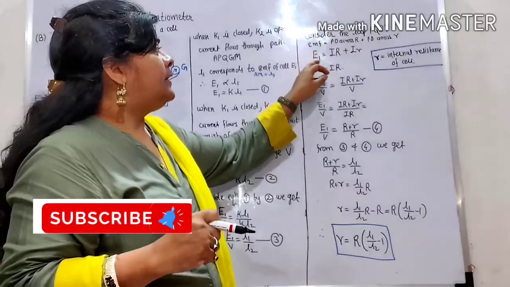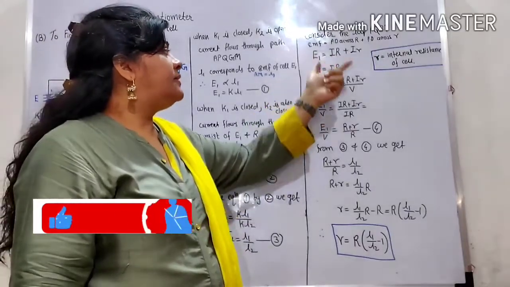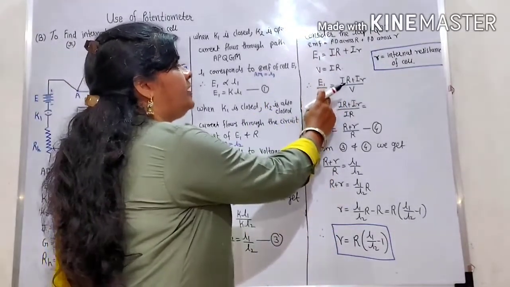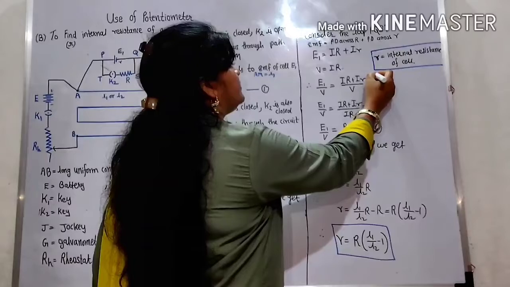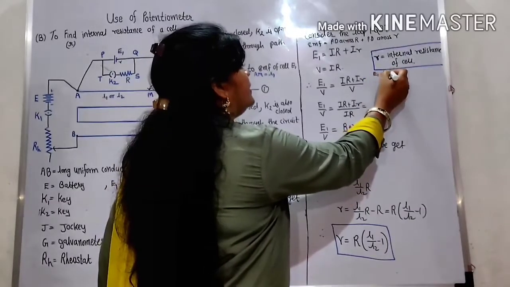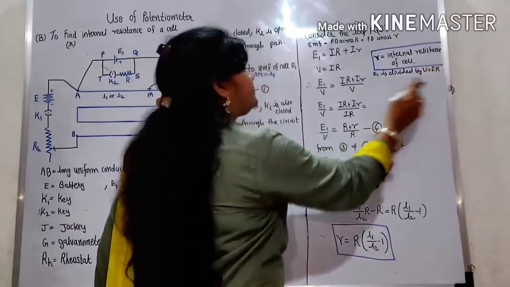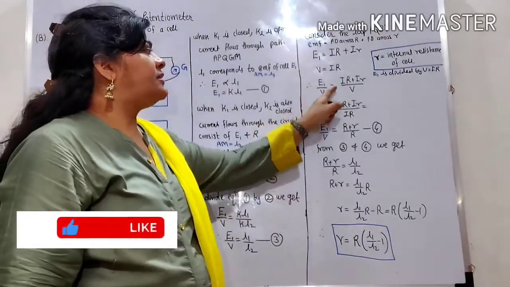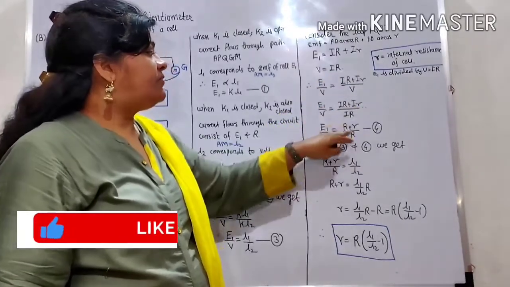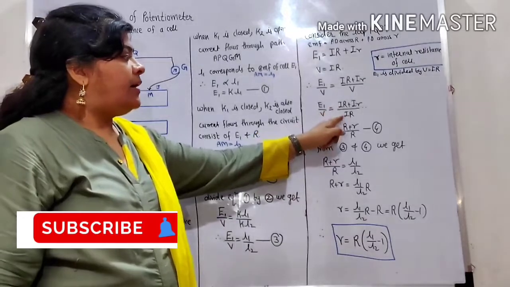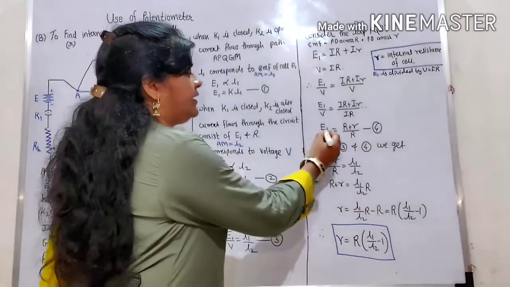Then, according to Ohm's law, V is equal to I into R. Dividing the equations, E1 upon V is equal to I R plus I r upon V. Substitute the V value, that is I R. After substituting, taking I as common, I gets cancelled. We get R plus small r divided by R, equation number 4.